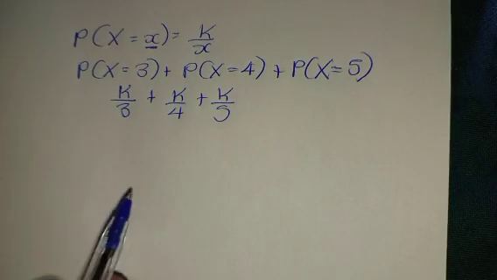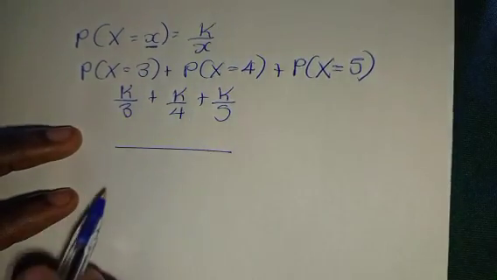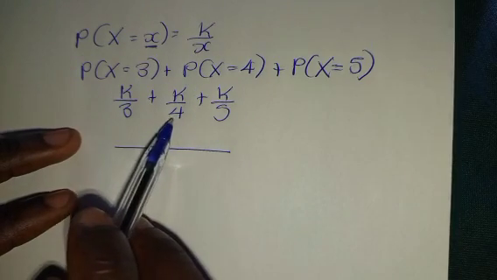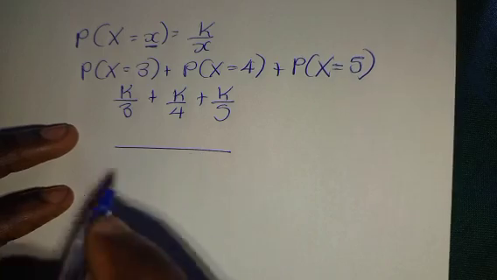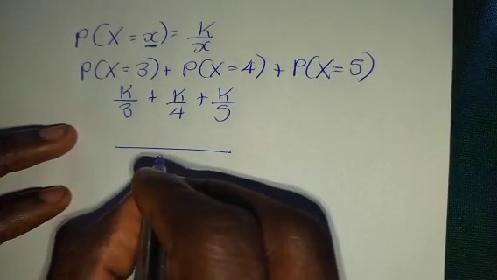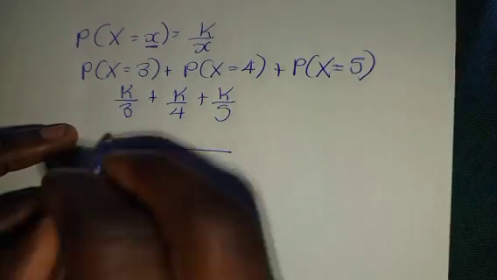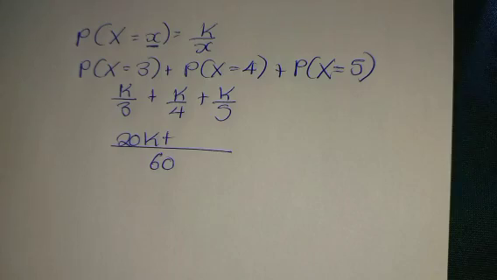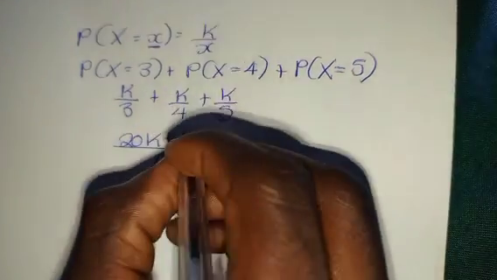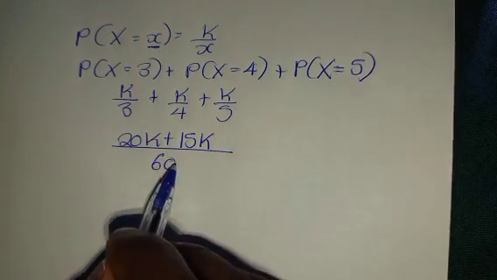Then immediately now you have this. Your common denominator here will be which number now? We can use 60. Yes, 60 can be the best of all outcomes. So 3 into 60, that is 20. 20 times k is 20k, plus 4 into 60 goes 15 times, we'll have 15k, and 5 into 60, you have 12.